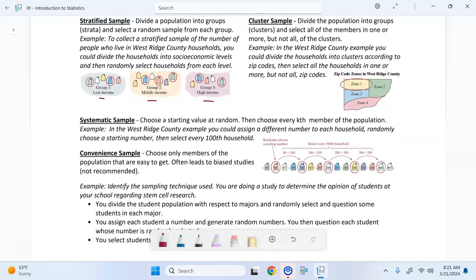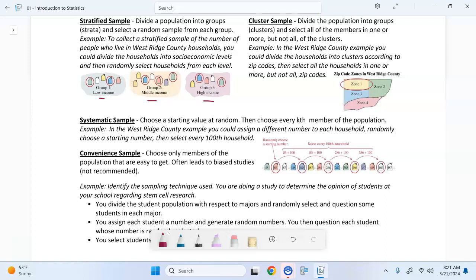Systematic. You choose a starting point and then you do something like a random interval. Okay, but more of a pattern. And so we'll start at some specific number, and then we choose every 5th or every 10th. So a lot of times a store, if they want to do a survey, they'll ask every 10th customer.